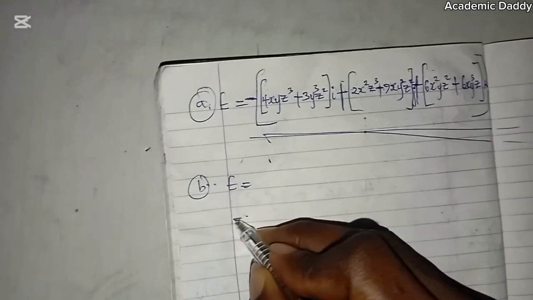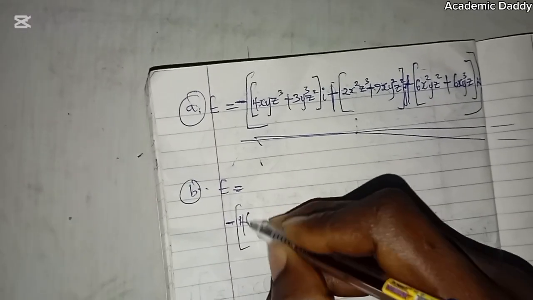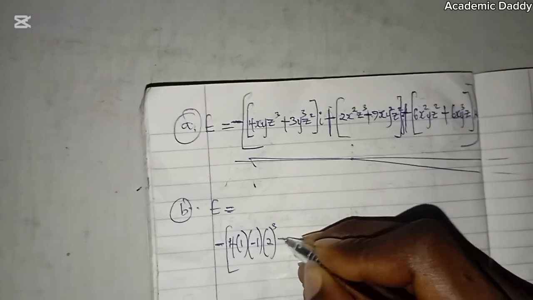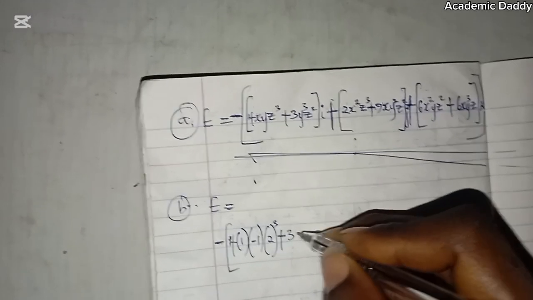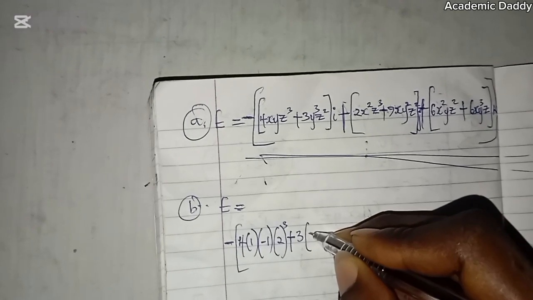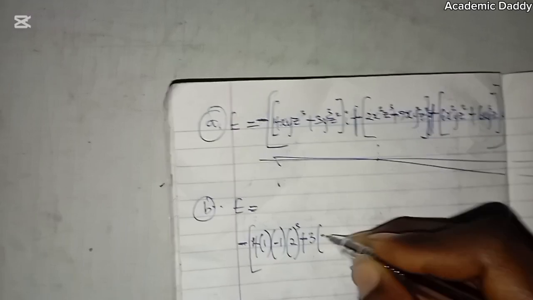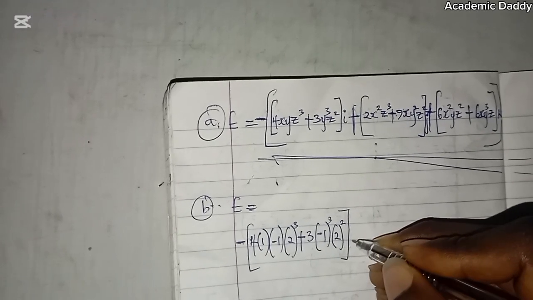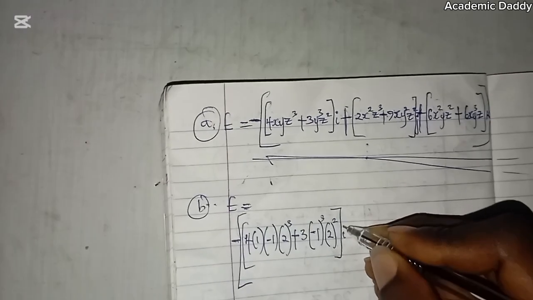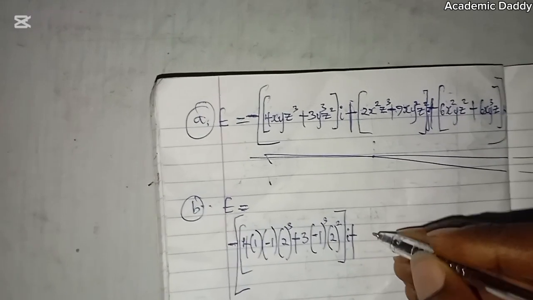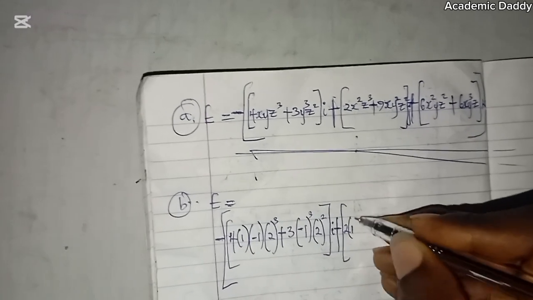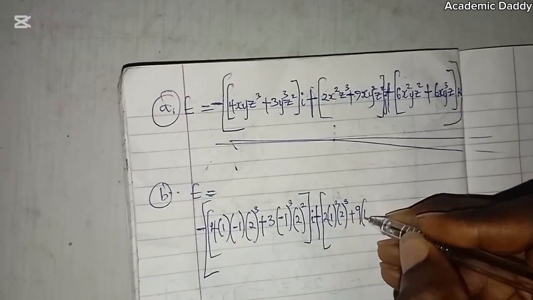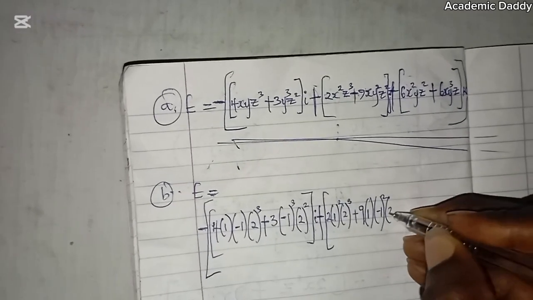We have minus, E is equals to minus, then I have 4, x is 1, y is -1, z is 2, is raised to power 3, plus 3 into y is -1, z is 2, so i plus 2, x is 1, z is 2. 9, 1, minus 1 square, 2 square, j.